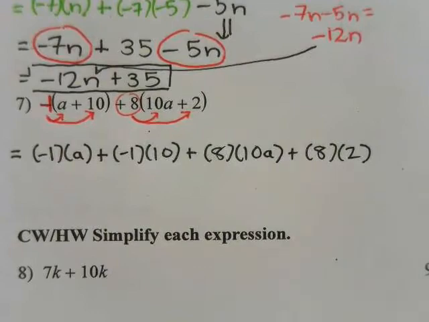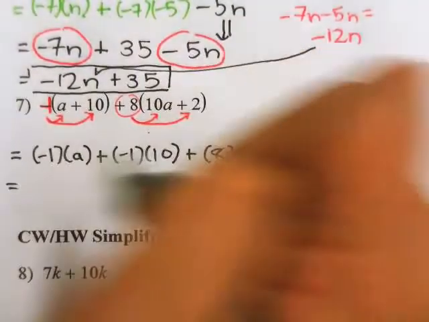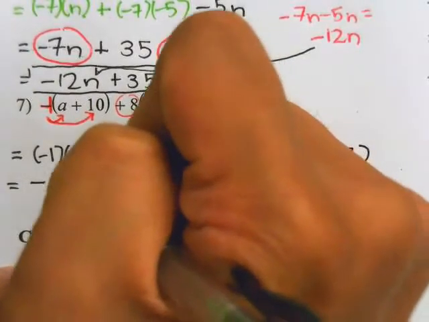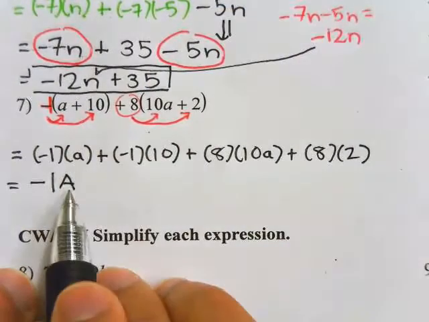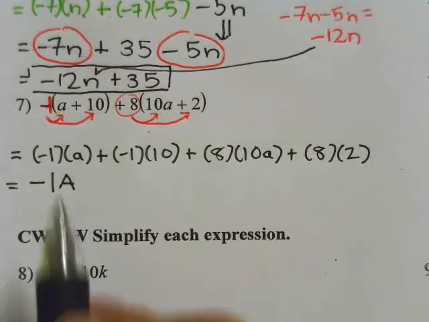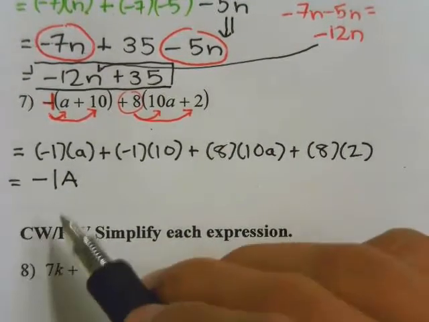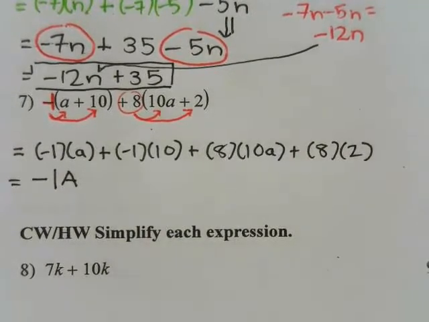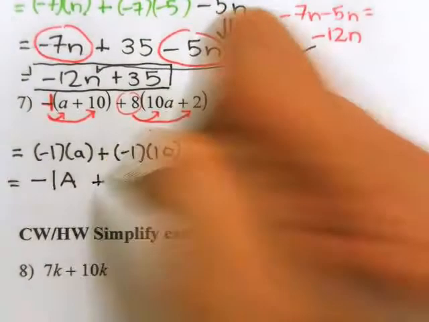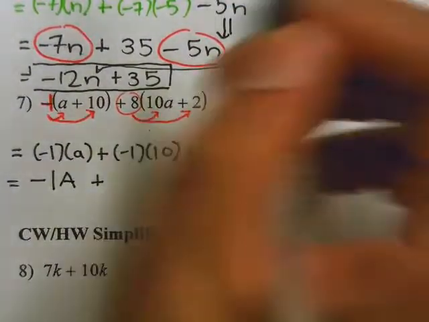All right, let's start multiplying. Negative 1 times a is just negative 1a. I'm going to change this into a capital letter, and the reason is that sometimes my a's look like 9s. You don't have to change it into capital letters; it's just because my handwriting is a little bit messy. We can do plus negative 1 times 10, which is negative 10.